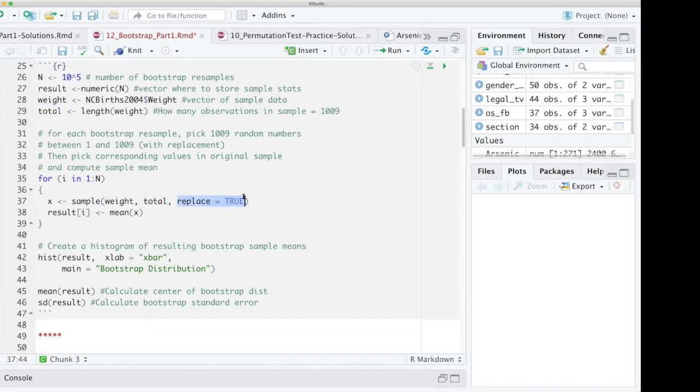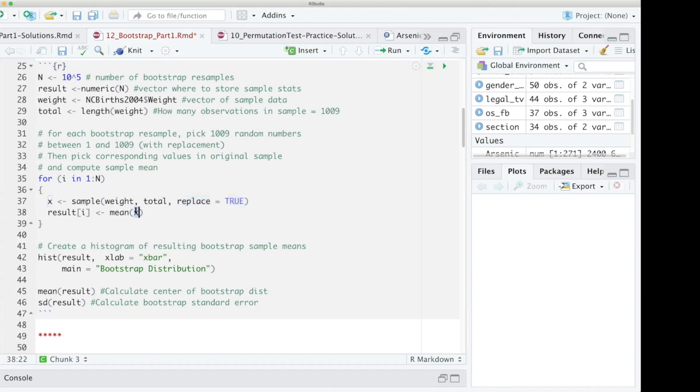And if I had replace equals false over here, that would give me back the original sample, right? I would pick the 1,009 values that were already there. So it's setting this replace equal to true that really is bootstrapping here. Each time I pick one of these values, I put it back into the sample, and then I pick again.